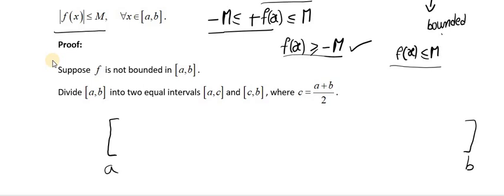Two equal intervals means exactly the middle. I am considering a point c. So the first interval is closed interval a comma c. The second interval is closed interval c comma b, where c is the midpoint of this interval. That's why c equal to a plus b by 2.